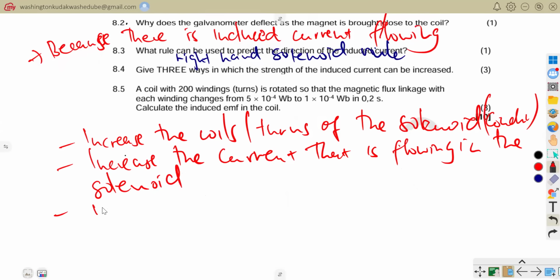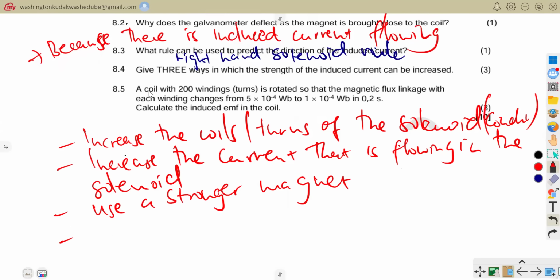Also, you can use a stronger magnet that would provide a higher magnetic field, or else use a soft bar magnet material. Here they said three, so these are the three.